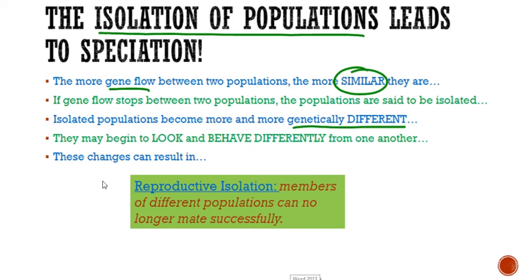So we could have what's called reproductive isolation occur, where we no longer have interbreeding, and these small populations end up becoming so genetically different over time that they are no longer the same species. This could be from a look or even a behavior standpoint.